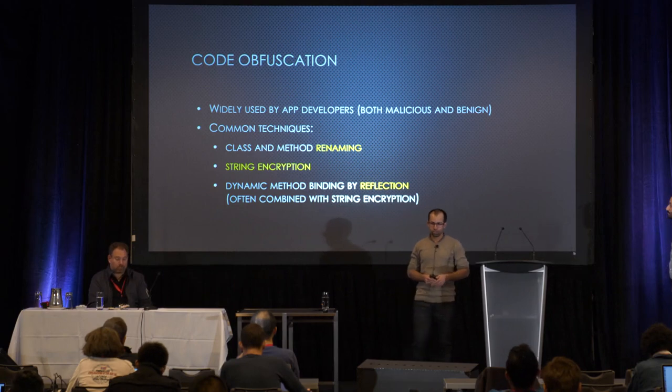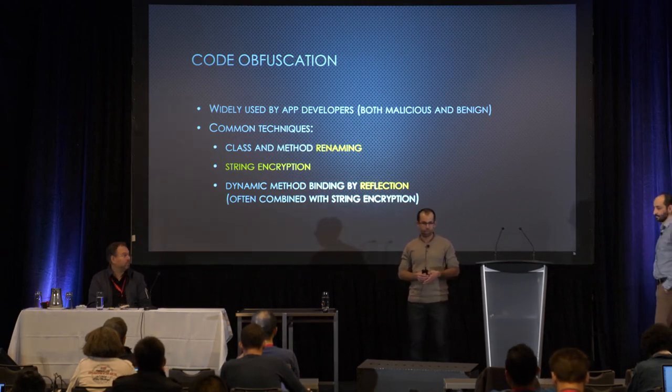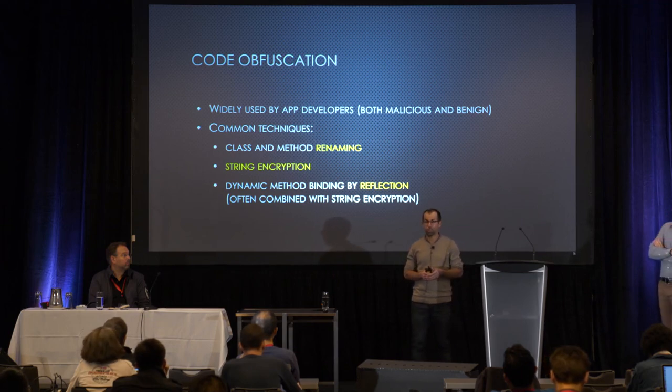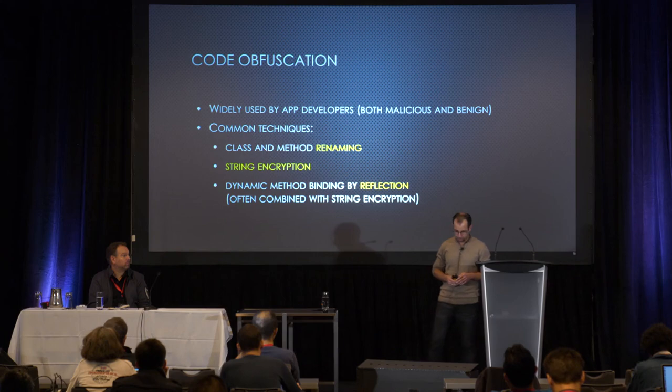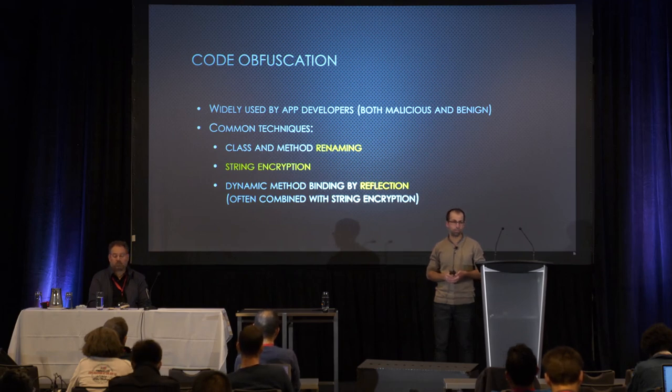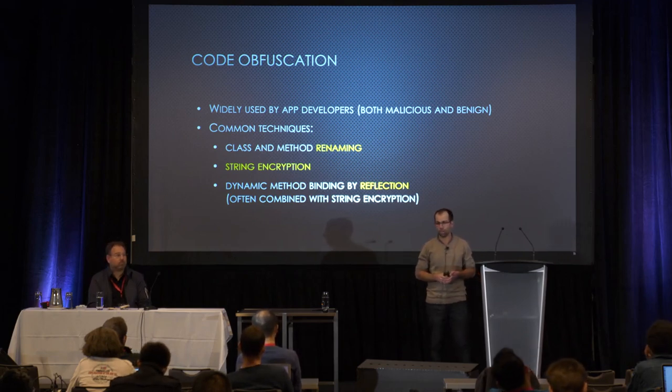So the focus today will be really how dynamic analysis actually helped static analysis deal with obfuscated code in Android apps. And why is it really an issue for us? Obfuscation is quite common in Android because, as you know, most of the code in Android apps is written in Java, which is really easy to decompile.